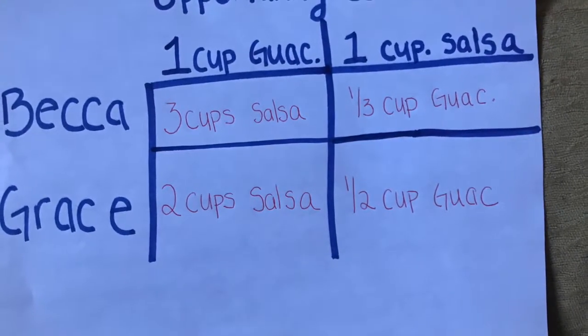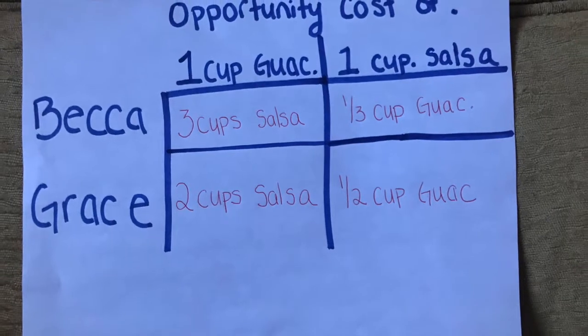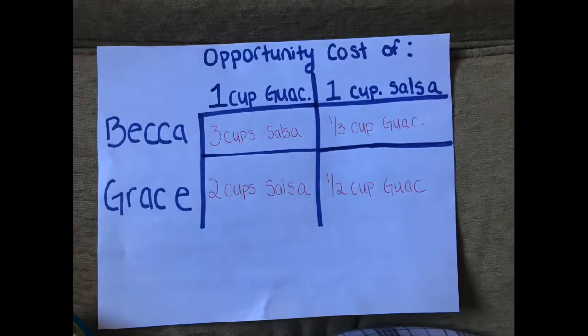Since Becca needs 10 minutes to produce 1 cup of salsa, by using 30 minutes to produce guacamole, she would yield 3 cups of salsa. Thus, the opportunity cost for producing guacamole is 3 cups of salsa.